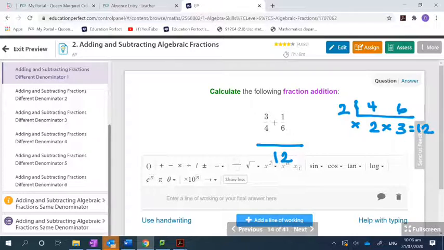Divide, then multiply. I'm going to take the LCD and divide it by the denominator. I'm putting it in brackets. Why? Because that means do it when? First. And then I take that result times the numerator. So what is my LCD? 12. What is my first denominator? 4.